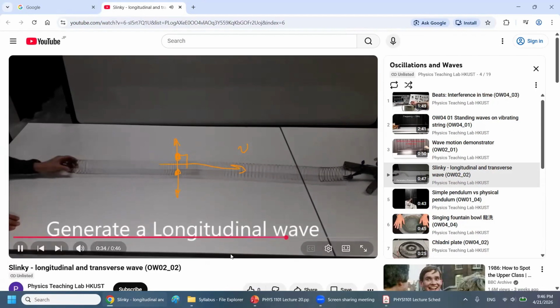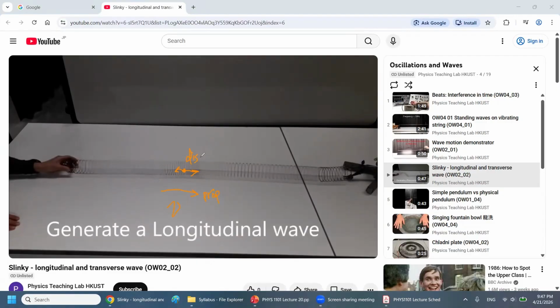We can also generate another kind of wave. You can see this wave is actually different. In this wave, which is called the longitudinal wave, each point of this slinky is moving left and right, and the propagation direction is also towards the right. So they are parallel to each other. This is propagation, and this is displacement.